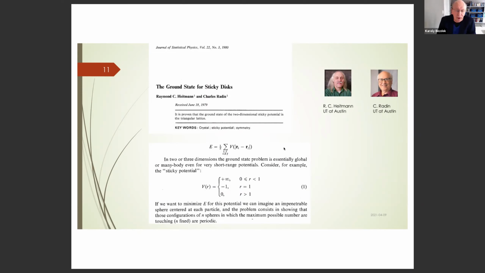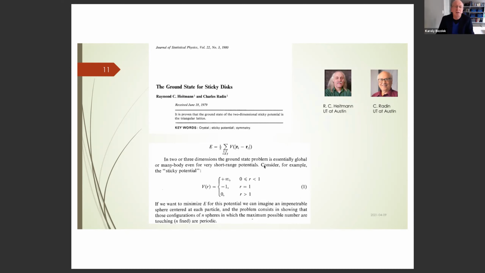And the answer is yes. This theorem of Heitmann and Radin states that if we take an extremal configuration, n unit disks in the plane such that the contact graph has the maximum number of edges, then the centers of the unit disks must sit in a triangular lattice.